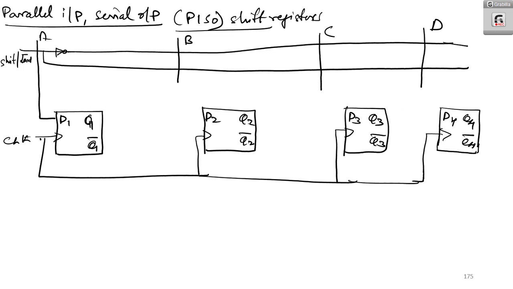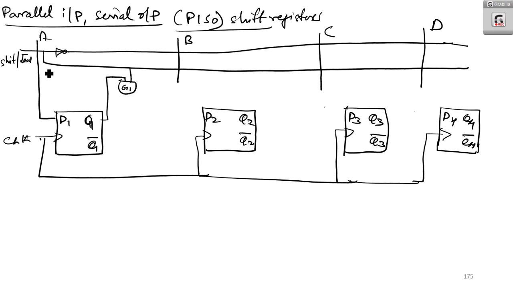So there should be a mode selector. Here there should be a mode selector between B and Q1, here between C and Q2, and here between D and Q3. Now how is that mode selector done? Here I am having a gate. Q1 is fed to this gate, which I am taking as gate 1.